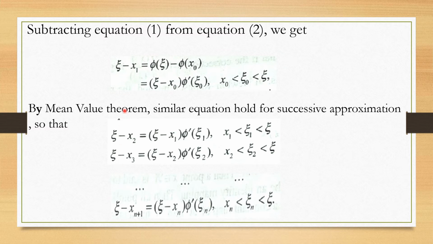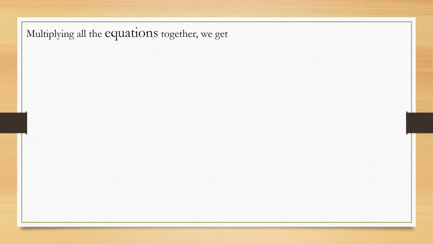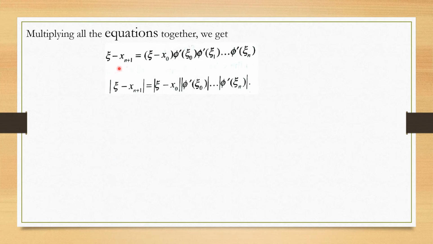Actually, these are the errors. Xi is the actual solution, while these are the approximations x1, x2, x3. At each step, the error is calculated here. Now we multiply all the equations and we obtain a relation for xi minus x(n+1).